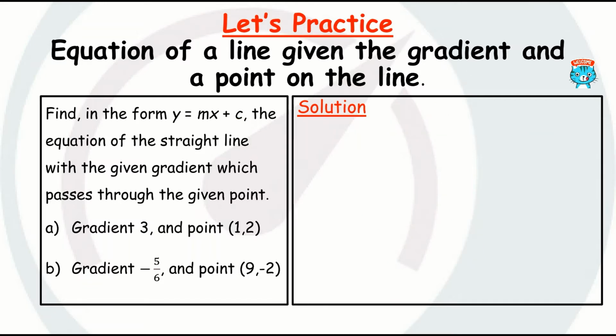Now at this point, I would have wanted you to pause the video and try B. Gradient negative 5 over 6 given the point (9, negative 2). Write it in the form y equal mx plus c.